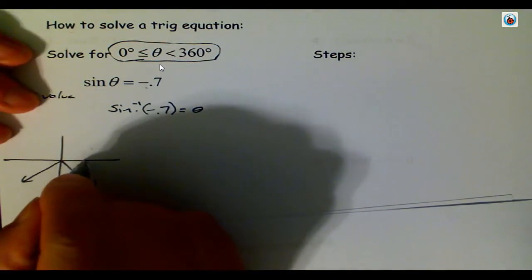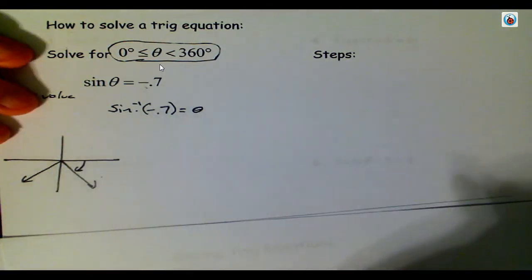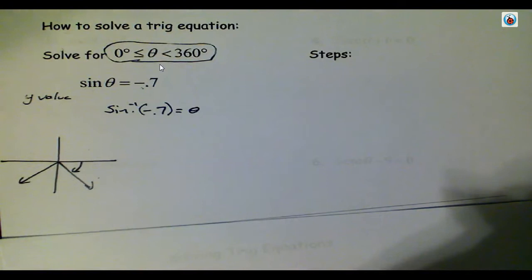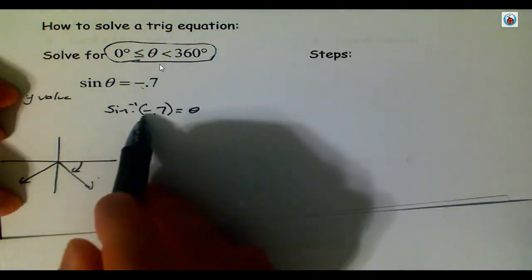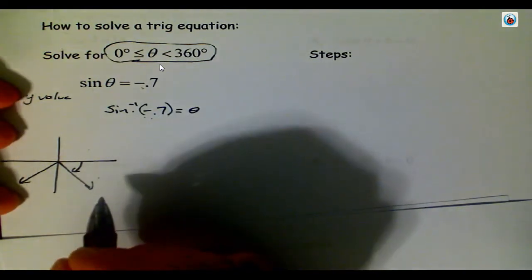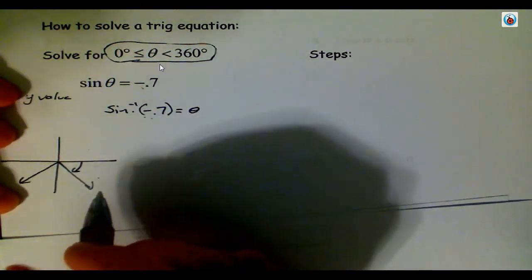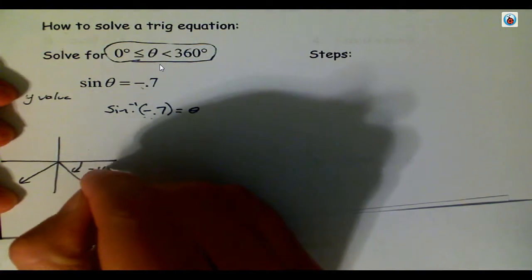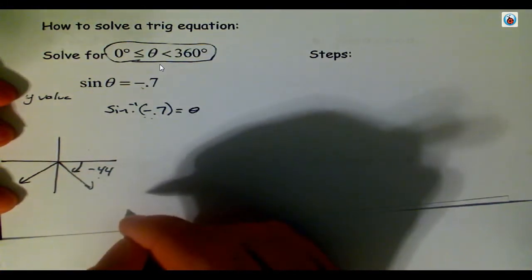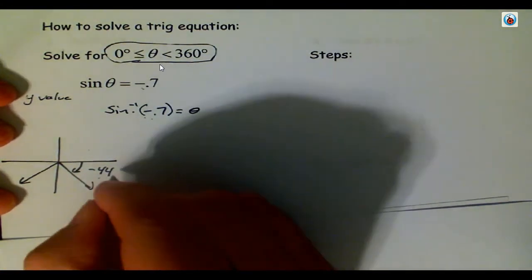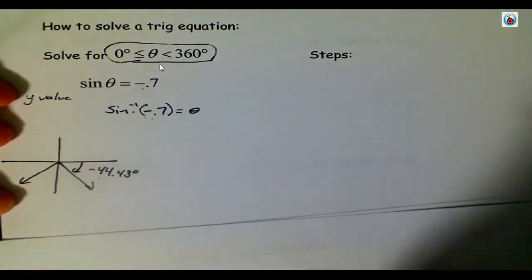So whatever we plug into our calculator is going to give us this answer right here. Now when you plug in inverse sine negative 0.7, you should get negative 44.43.